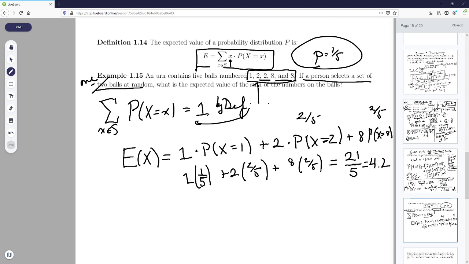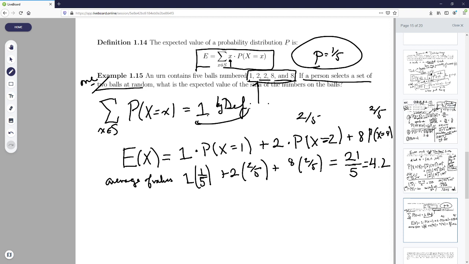One thing to say about expected value is that you notice it's not a 1, a 2, or an 8. So expected value is an average of values. What expected value really means is not, if I run this trial once, what do I expect to get?